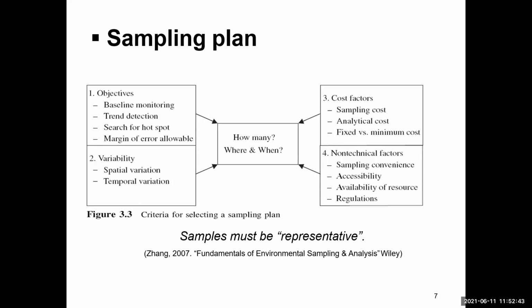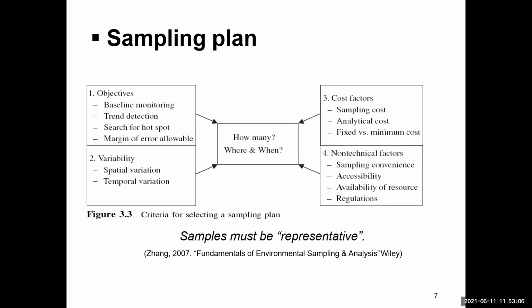What is the cost factor? The sampling cost, analytical cost, fixed versus minimum cost. And the non-technical factors during the sampling plan: sampling convenience, accessibility, availability of resources, and regulations.